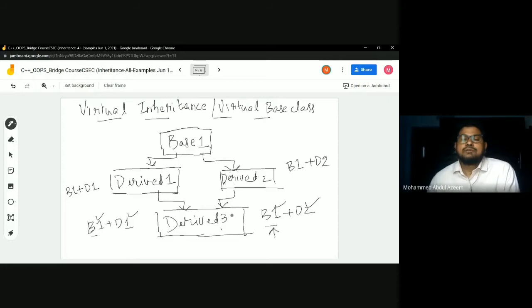Got it? And the second way of eliminating the duplicate copy of the base class at any derived class is while inheriting the classes at the derived class where you have a doubt that you may get a duplicate copy, you inherit them virtually.